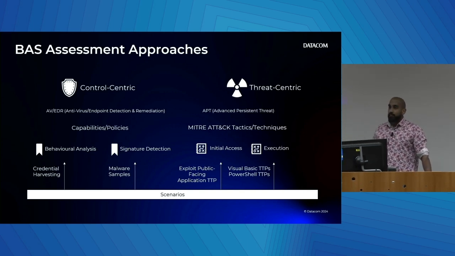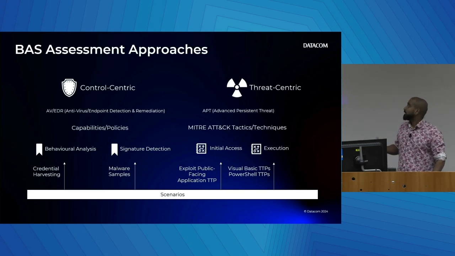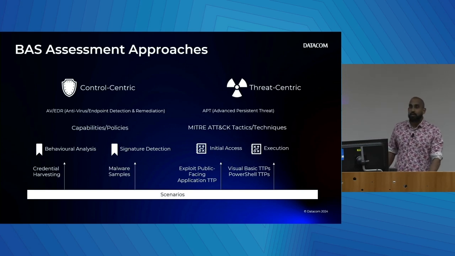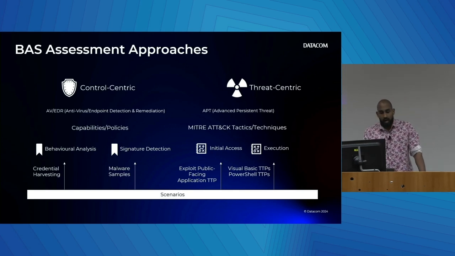But then you also have more infrastructure level TTPs. That might be on a Windows desktop, things around PowerShell scripts, VBA type scripts, which feed into common attack chains and those TTPs.